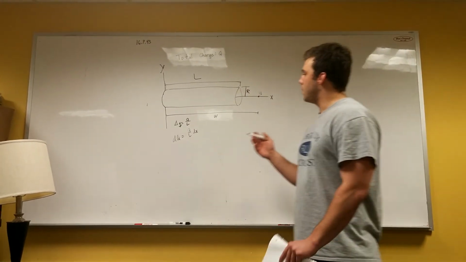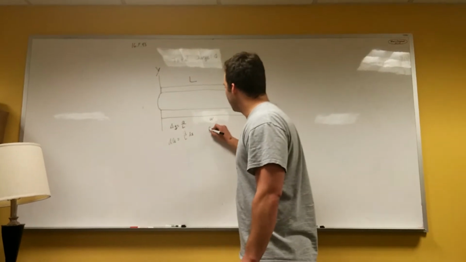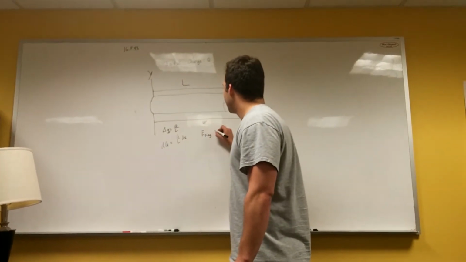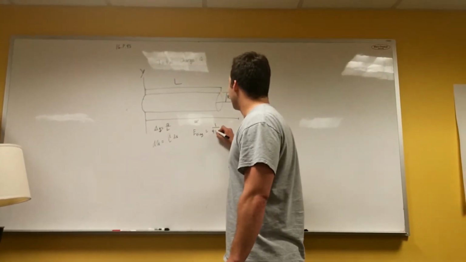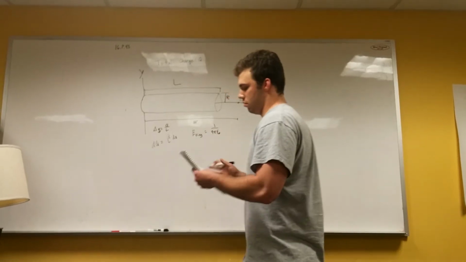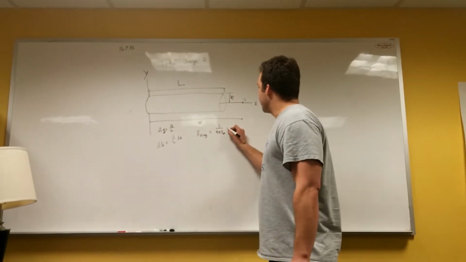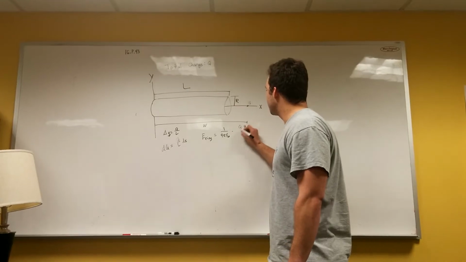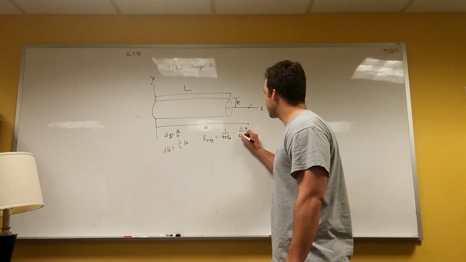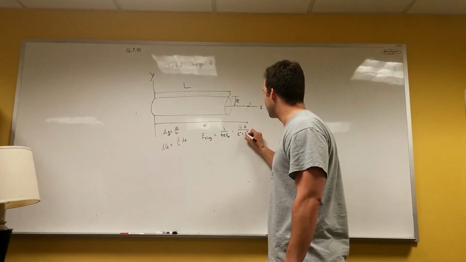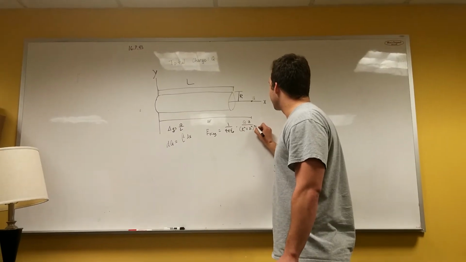So we know that the formula for E of a ring is equal to 1 over 4 pi epsilon naught times QZ over R squared plus Z squared to the 3/2.